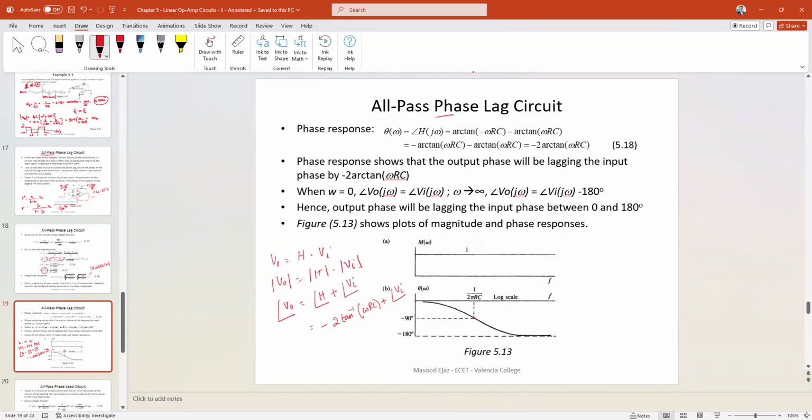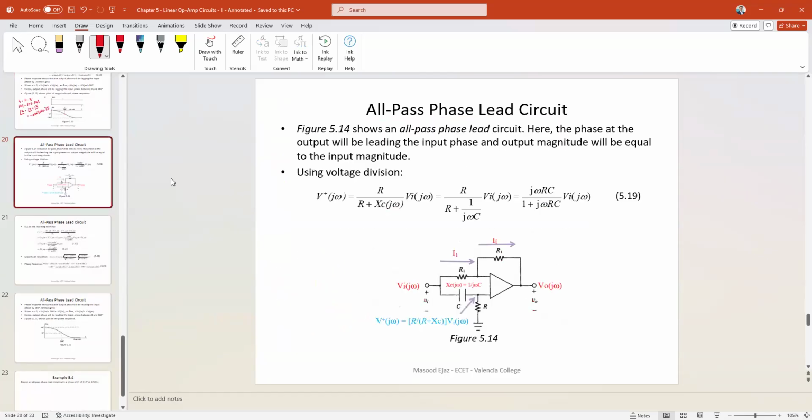Hence, the name phase lag circuit. And of course, we already discussed that the magnitude is 1 for all frequencies, as you can see from figure 5.13 figure A, thus all pass. So this is an all pass phase lag circuit.